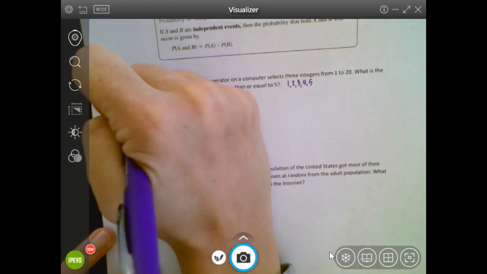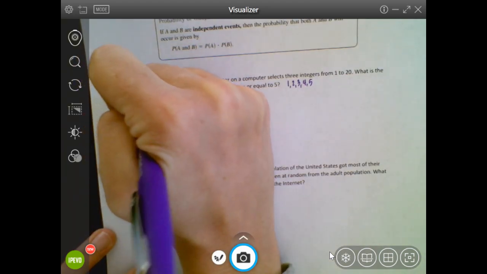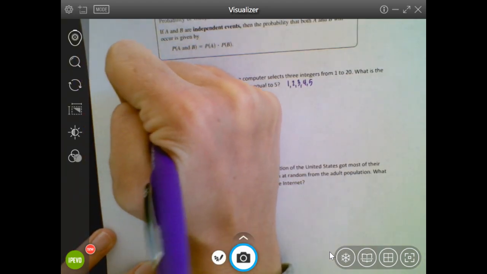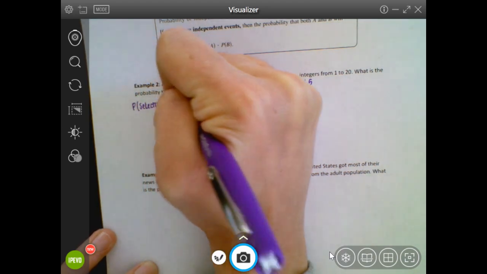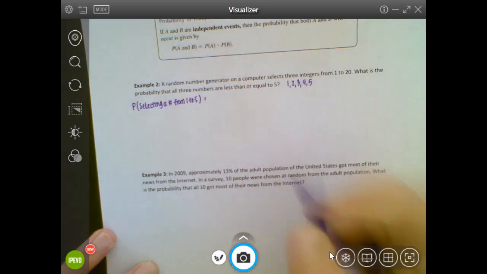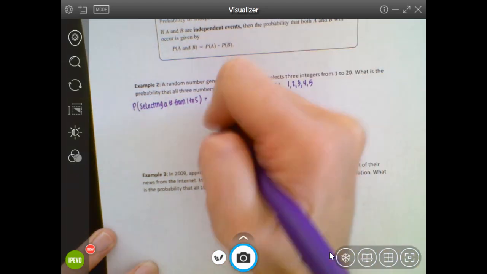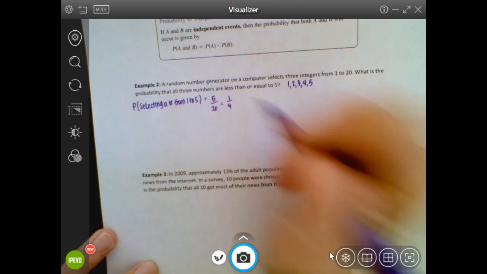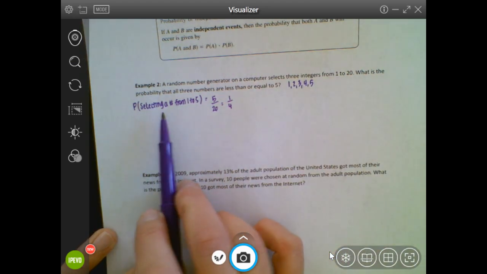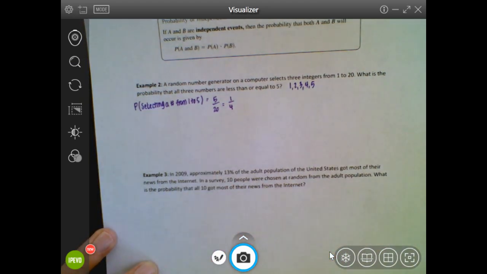So my probability of selecting some number from 1 to 5 is 5 numbers out of 20, which I can simplify to 1/4. That's just the probability of selecting one number from 1 to 5.